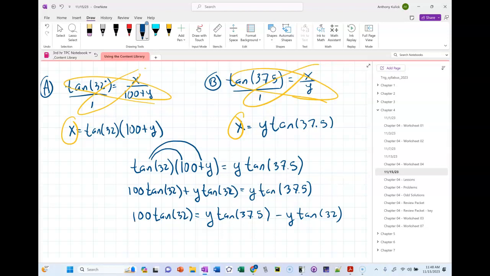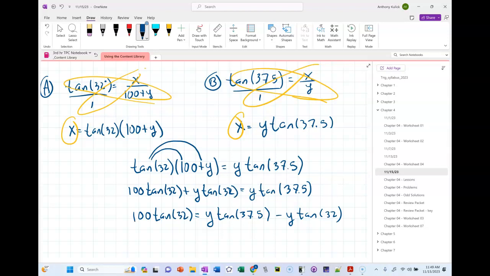So far, so good. What do you notice on that right-hand side? I have y's in two different places, although they're both just y's. How can I get those y's into one place instead of two separate places? Subtract. What do you mean by subtract?